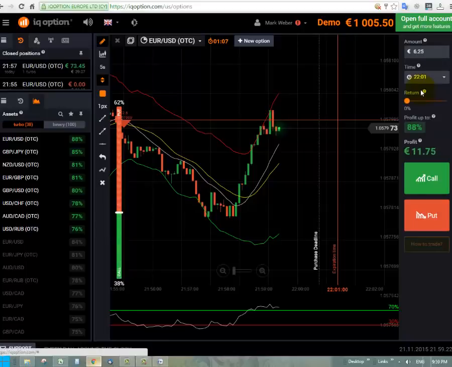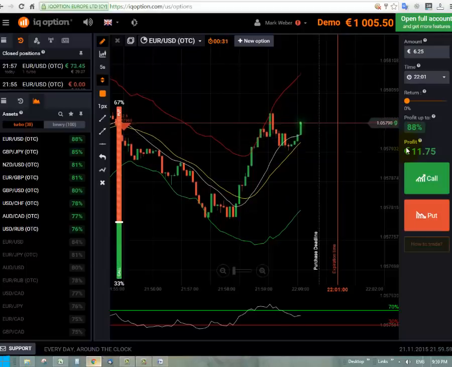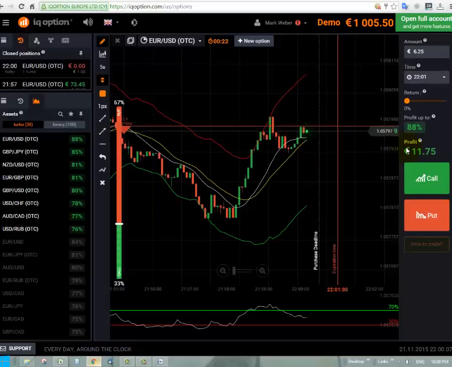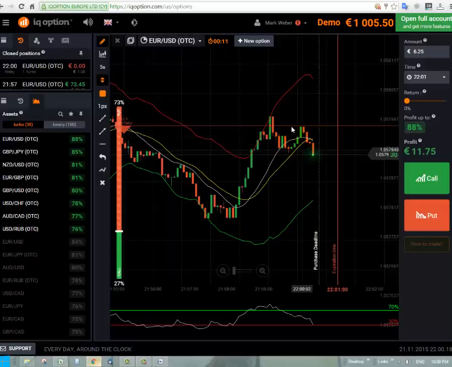We are ready for the third position, 6.25, if it will be necessary. You can check also the RSI. The RSI tells us that there is a downtrend, so we will win this position. Yes, that goes down.